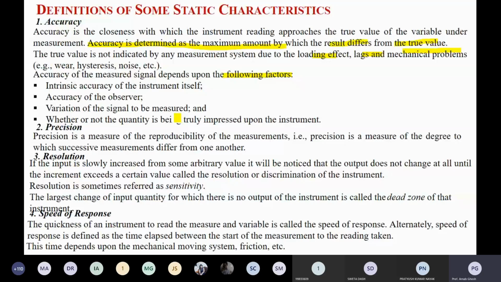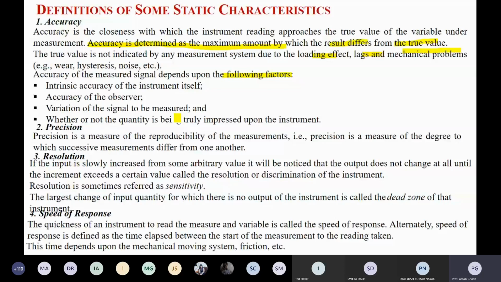Then another thing is the accuracy of the observer. Maybe you are taking the reading from your measuring instrument. Whether any kind of problem has occurred from your side or not is also an important issue. So how do you read the pointer? Your eye should be vertical with that pointer, so there will be no angular displacement in viewing the instrument pointer.